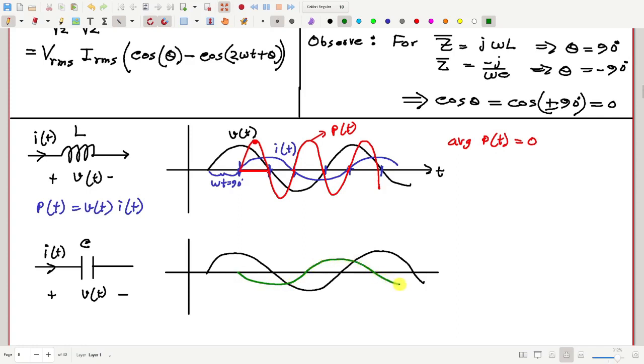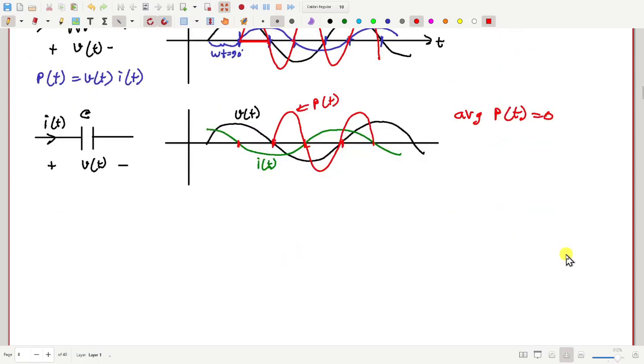Current comes first and then the voltage. This is the current and here is the voltage. Again, if you multiply the two, at these points it will be 0. Here this is positive, here it is negative, positive, and so on. So again we see average power is 0.